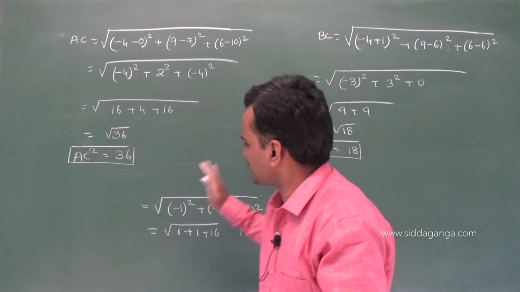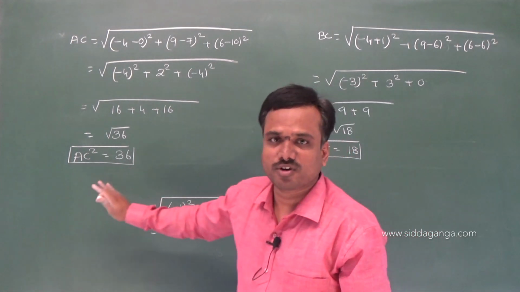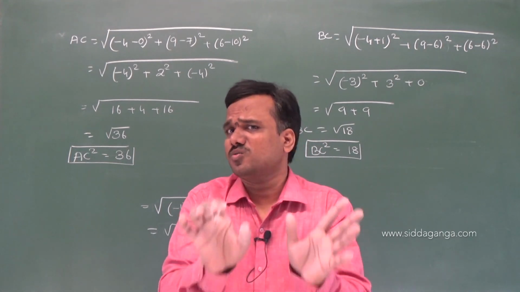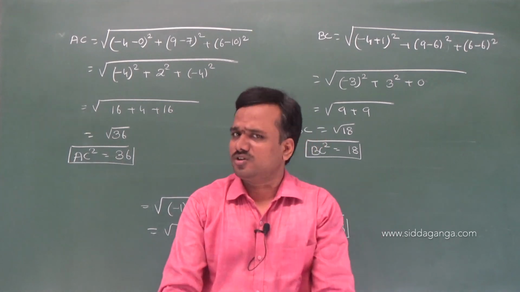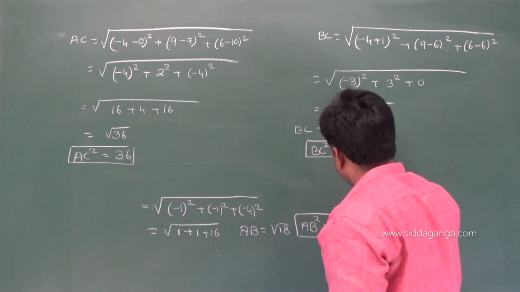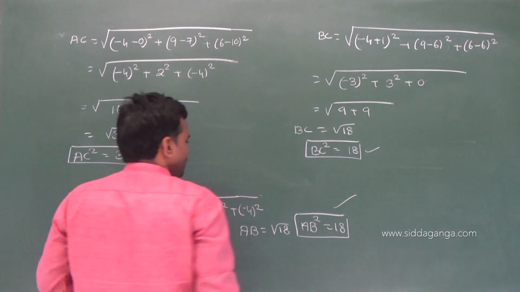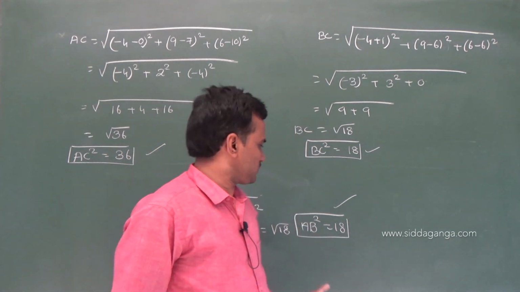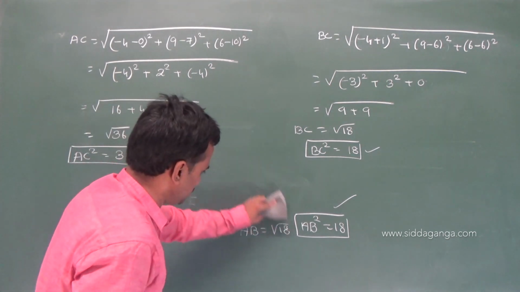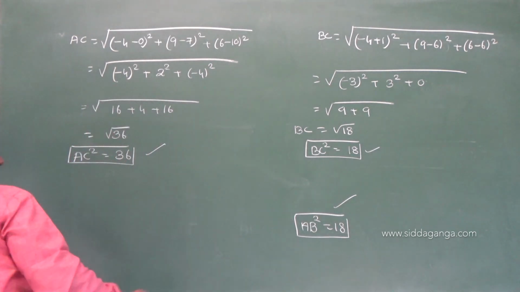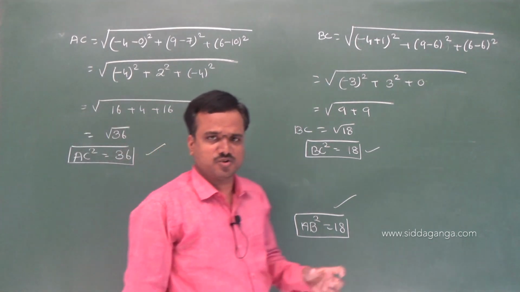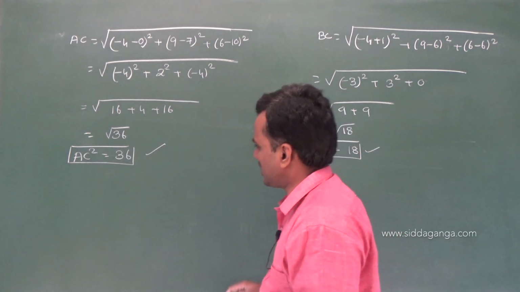So we found the distance from A to B, from B to C, and from A to C. What do we have to prove? To prove that the given 3 points are the vertices of a right angle triangle, firstly we observe among these 3 values, AB square, BC square and AC square, which value is largest?